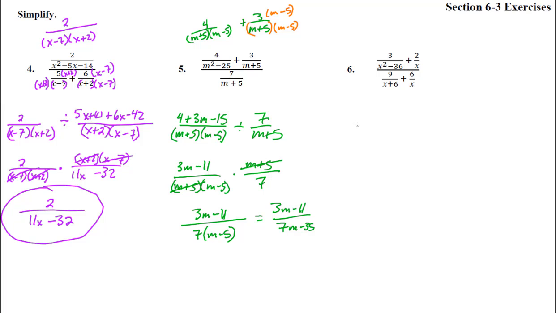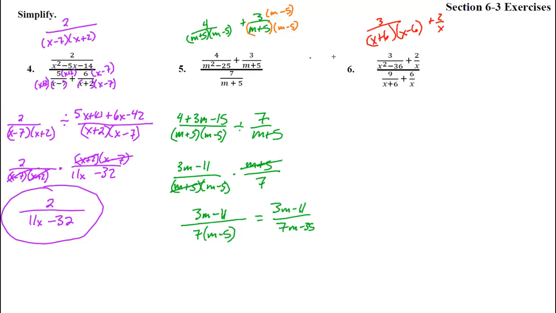Excellent. Okay, number 6. This is 3 over, let's factor that, x plus 6, x minus 6, and then plus 2 over x. Okay, common denominator here.